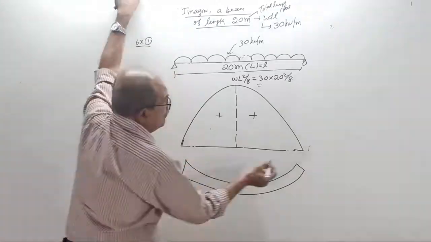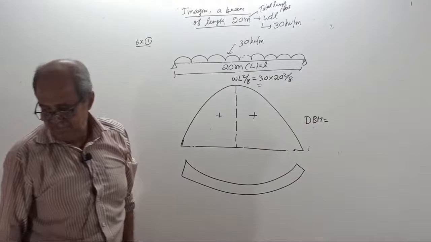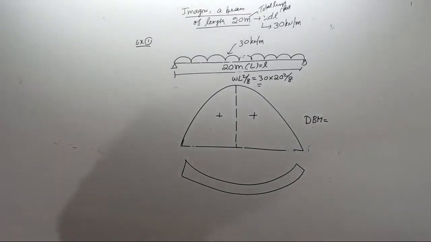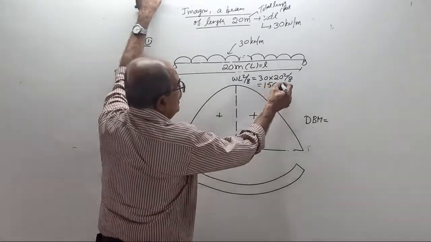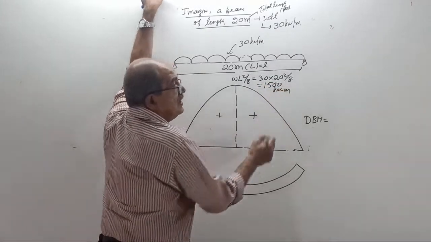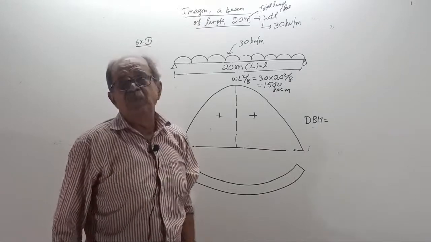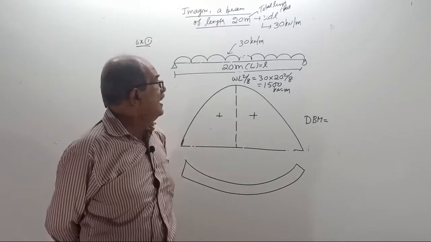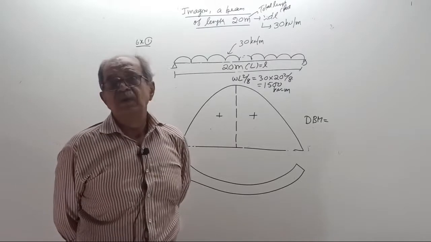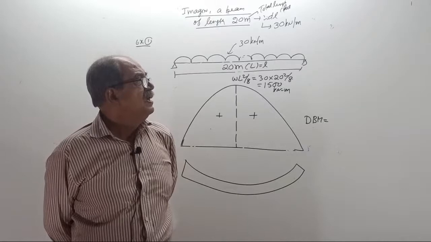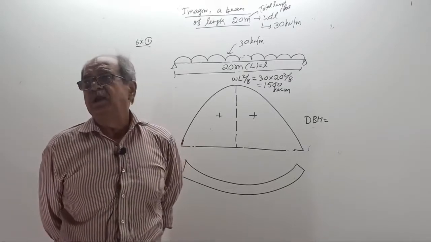And for the beam, design BM equal to 1500 kilonewton meter. If it is a steel plate girder with working load BM of 1500, it becomes 2250 into 1.1. If you use Fe 450 steel, the depth of the plate girder may come up to 1.5 meter.